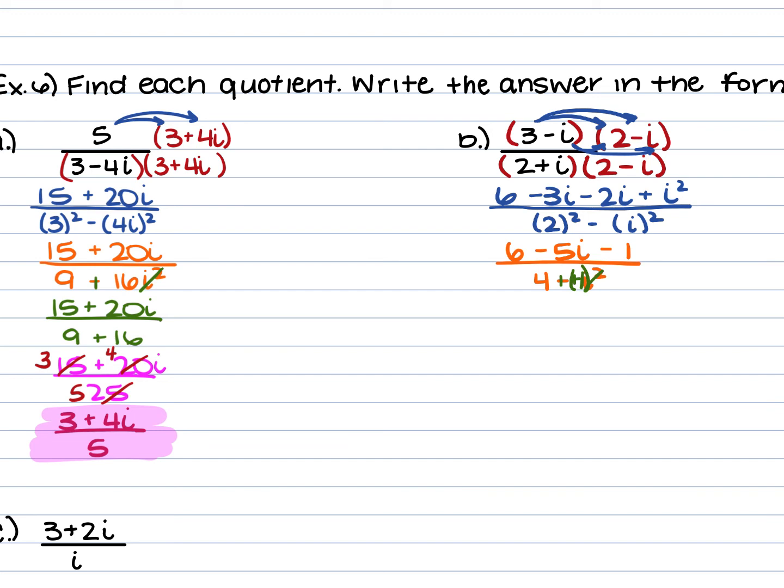This is giving us 6 minus 1, which is 5, minus 5i, all over 4 plus 1. That 4 plus 1 is 5, so 5 minus 5i over 5. We simplify. All those 5s are divisible by 5, so they become 1s. And we have 1 minus 1i, which is just i, all over 1. So that's just 1 minus i.